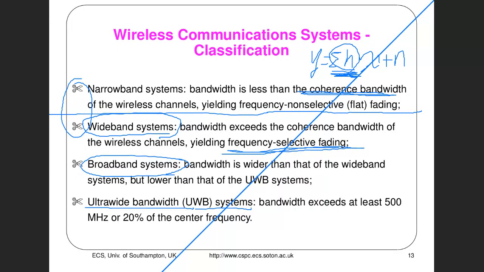So normally the channel bandwidth is higher than, say, 20 or 30 years ago, when broadband system and ultra-wide bandwidth system was defined. However, it's important to understand the classification of different systems and understand why they happen.